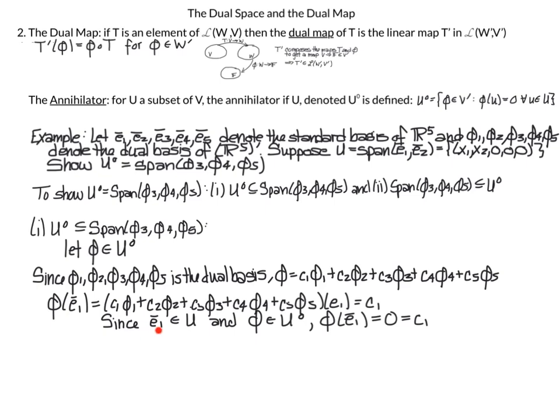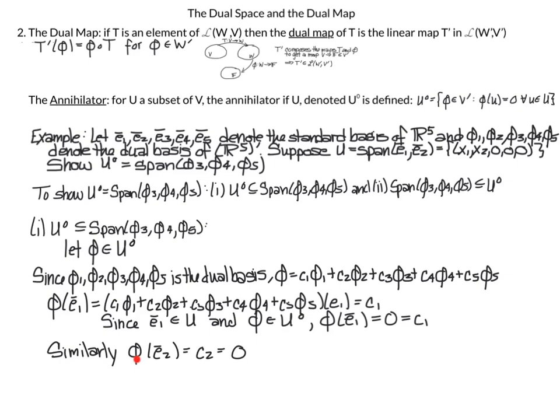But also, since e1 is in U, because U is the span of e1 and e2, and phi is in the annihilator from our assumption, phi of e1 has to go to 0, which means c1 must be equal to 0.